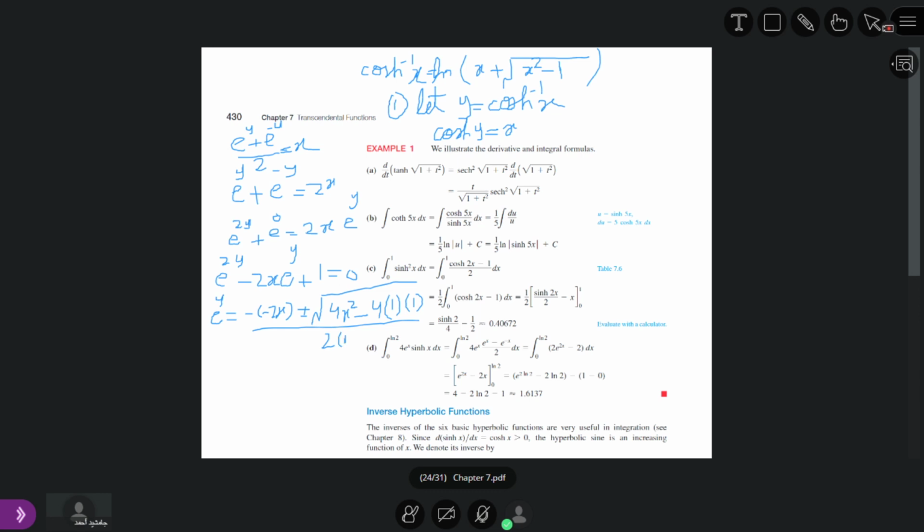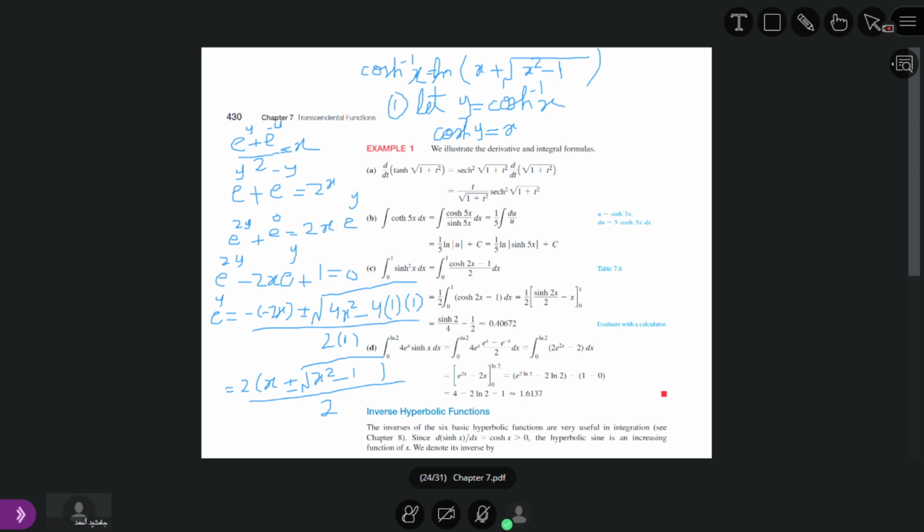After that, we take common from the inside and take its square root. We take 2 as common: x plus or minus square root of x square minus 1. Basically, we take 4 inside as common, and the square root of 4 is equal to 2.